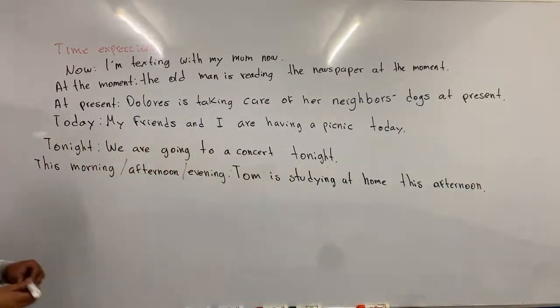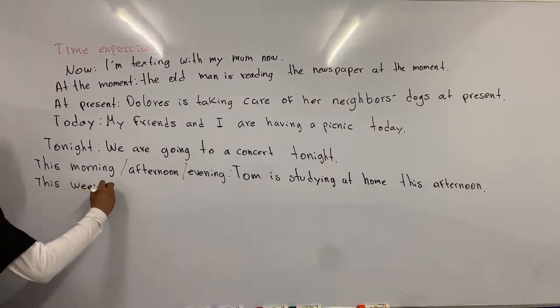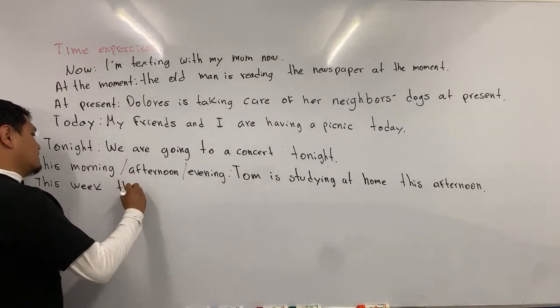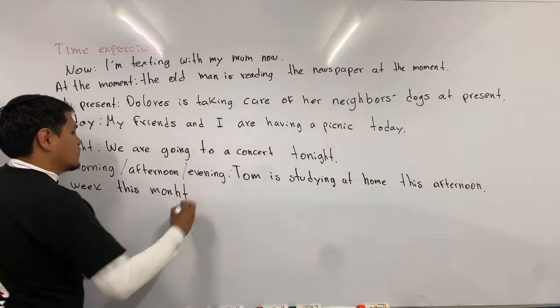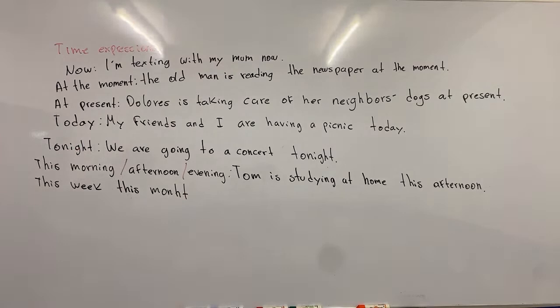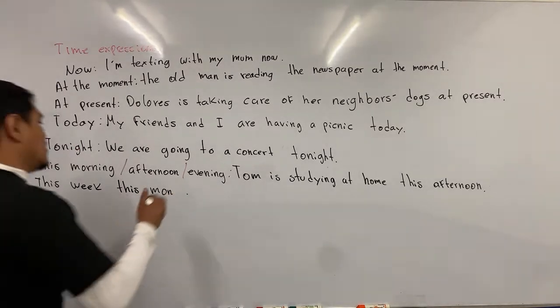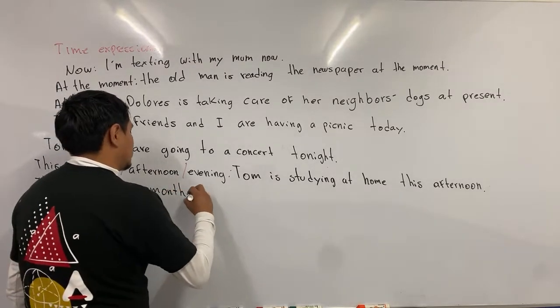Right. The next time expressions in present continuous: this week, this month, this year. Repeat: this week, this month, or this year.